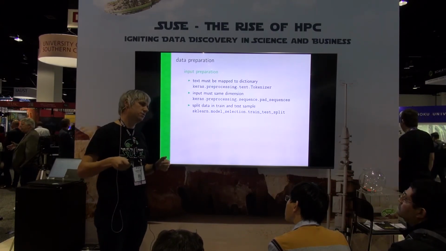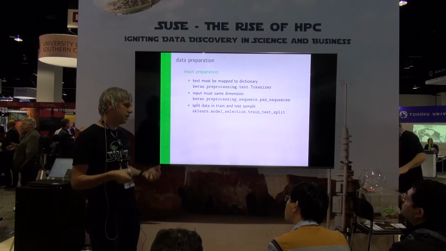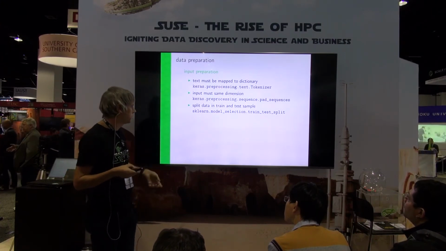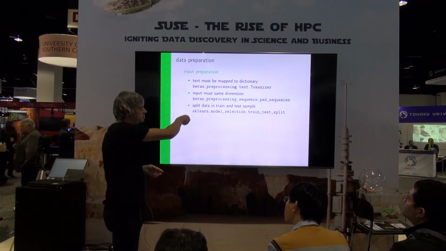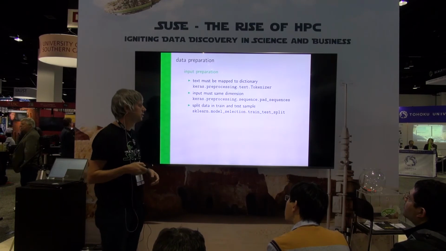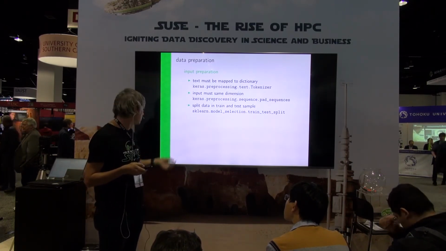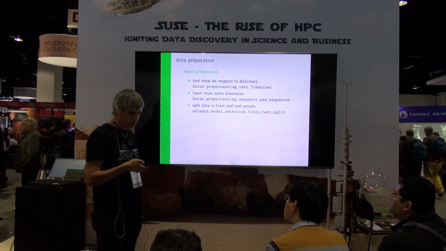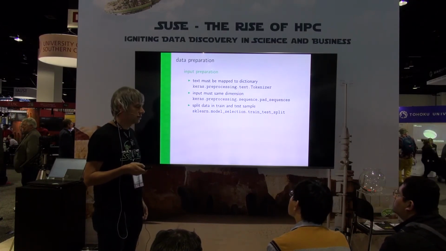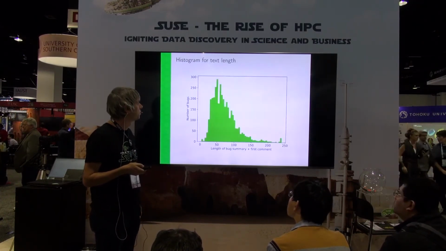The input always has to have the same size, so you have to do padding, you have to do a mapping, and then you also have to split the data into training data and the test sample. So this gave me these other libraries I then had to push into openSUSE.